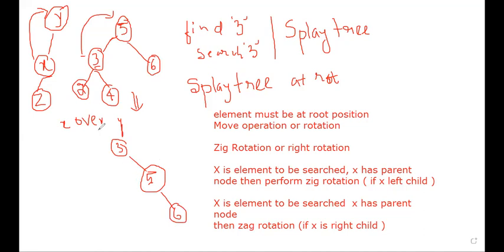Now 2 is on the left side, because earlier it was also on the left side. But the element 4 was on the right side of 3, so this 4 has to be moved towards the right side of 3, and here it is placed.